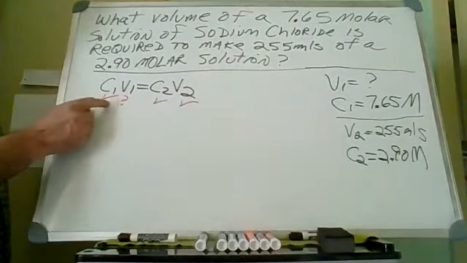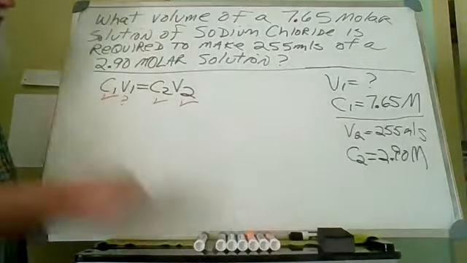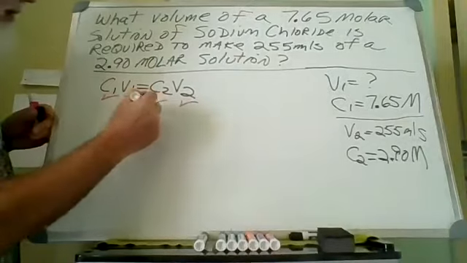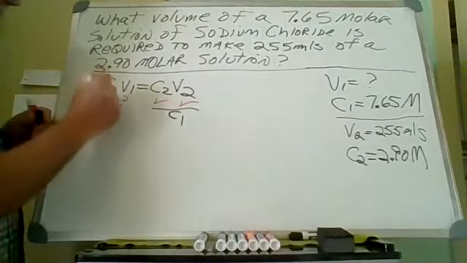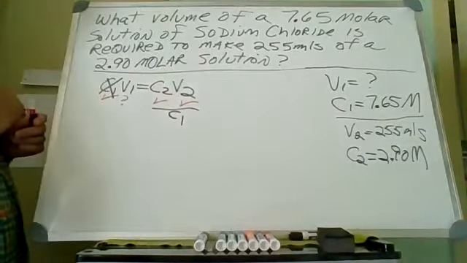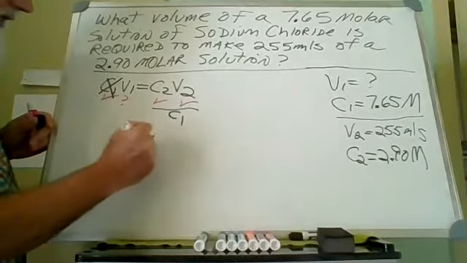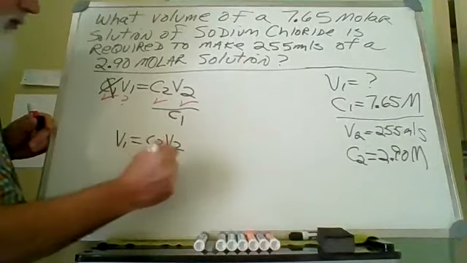It's being multiplied by C1. So I'm going to need to move C1 over to the other side, where it will go into the denominator. All right, so C1. Since I moved it over, I can get rid of it here. All right, underneath, I'm going to write what's left. V1 equals C2 V2 divided by C1.